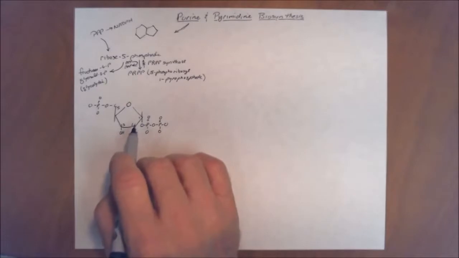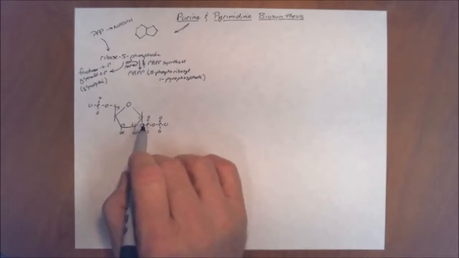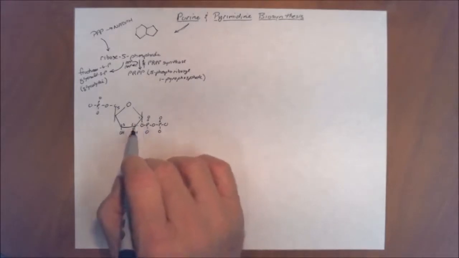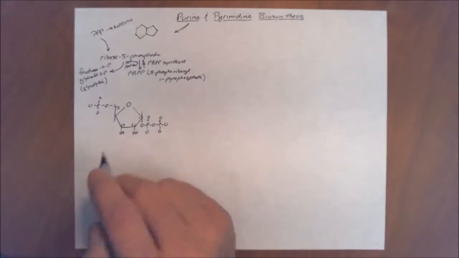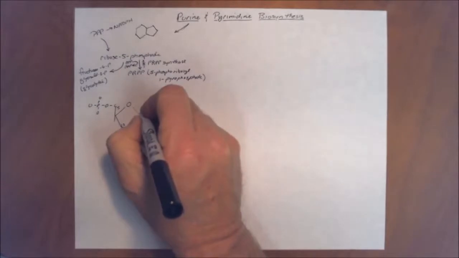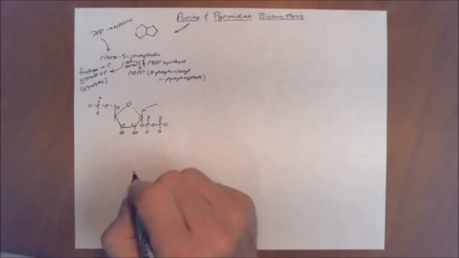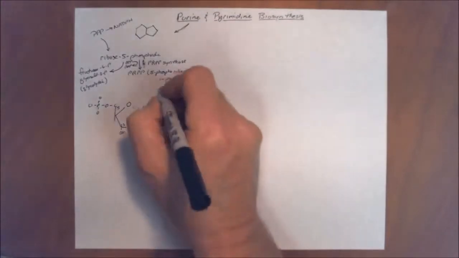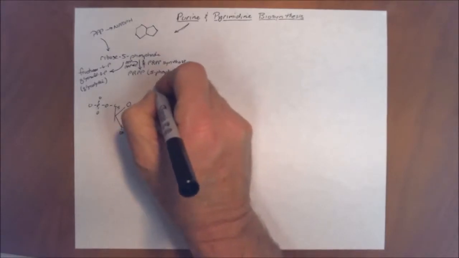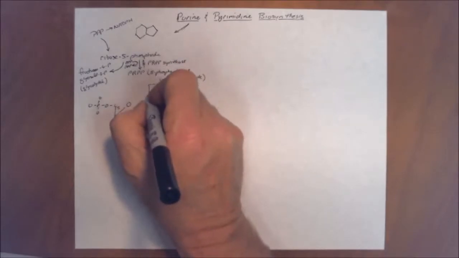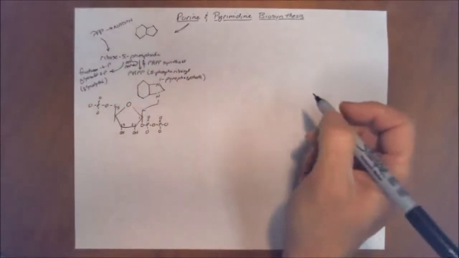Now for synthesis of purines, we are going to synthesize the purines on the number 1 carbon and begin the reaction by hydrolyzing these phosphate groups. So ultimately we will have a purine attached to this portion of the ribose ring in this fashion.